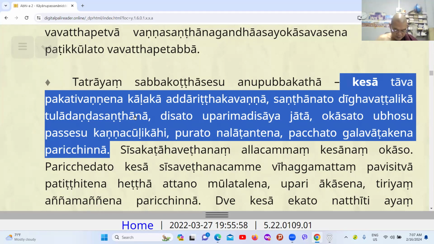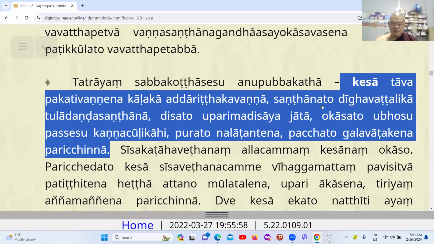That's why he said here, kalaka pakati vannena. Addaritthaka vanna, addaritthaka, ada here means wet, referring to the wet rosary bead. It is like the rosary bead where we recite, Araham, Araham. We call it one bead, just like the wet rosary bead here.